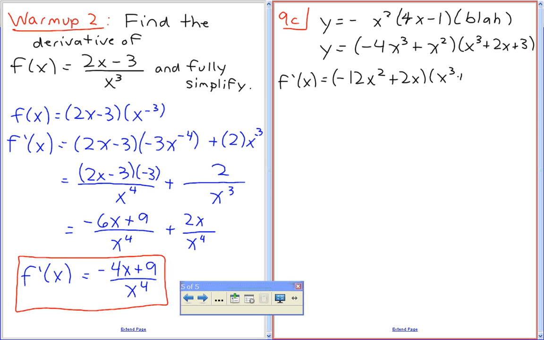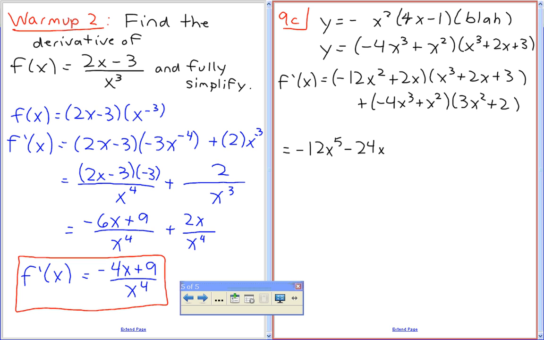Oh, it's negative x squared. Why does the textbook make us have a common denominator for a question? I'm not sure.